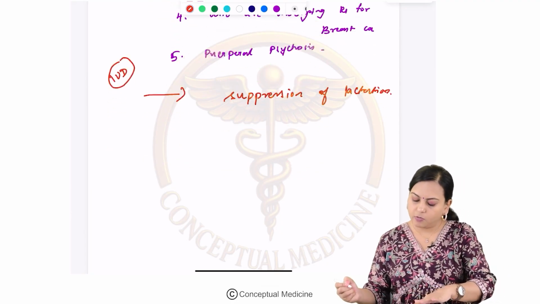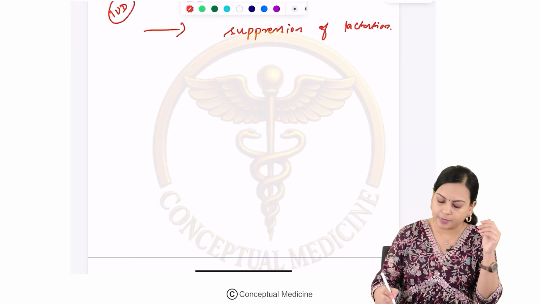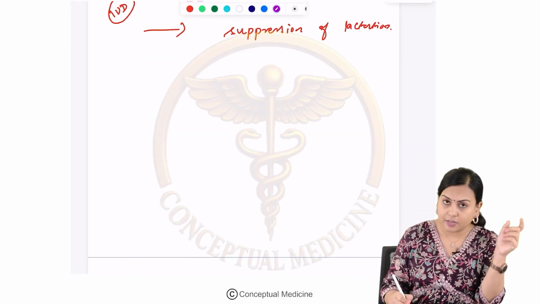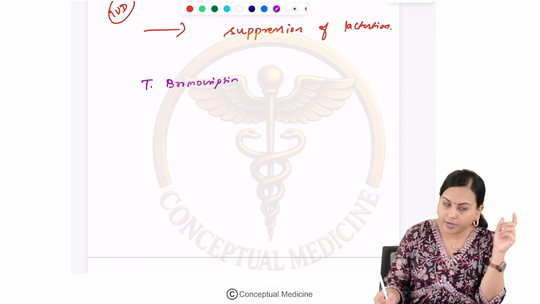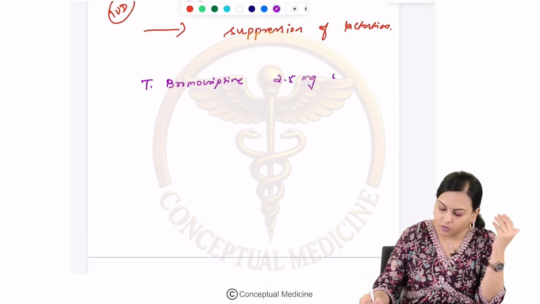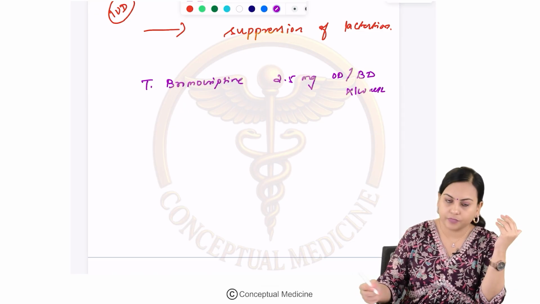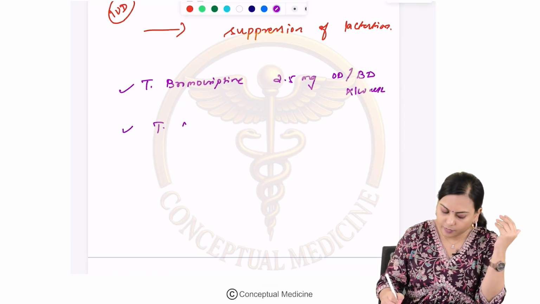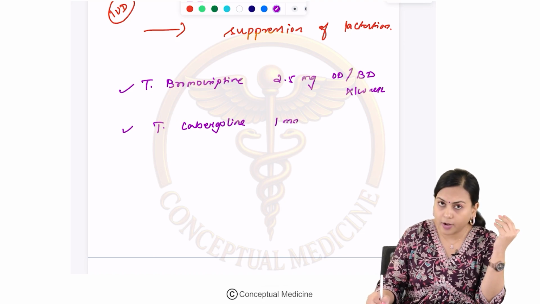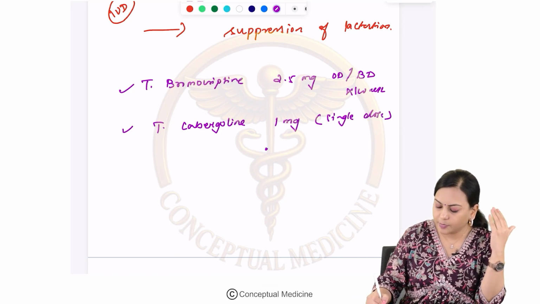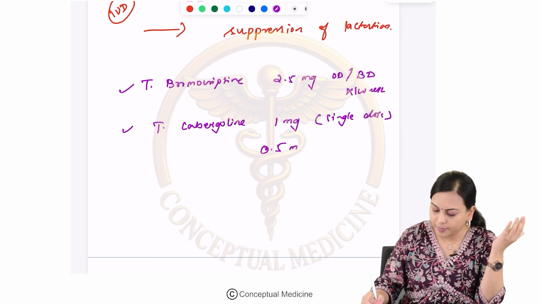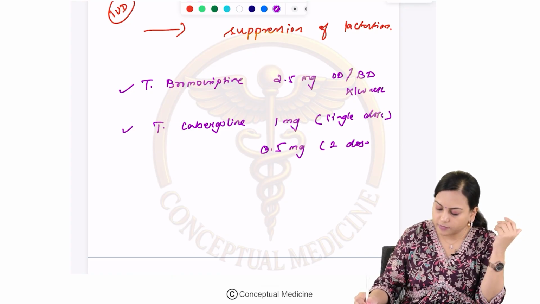Clear? Now what is the drug we give for suppressing the lactation? We usually give tablet bromocriptine at a dose of 2.5 milligram OD or BD for 1 week. Otherwise we can even prefer to give tablet cabergoline at a dose of 1 milligram single dose, or you can split it and give as 0.5 milligram 2 doses.